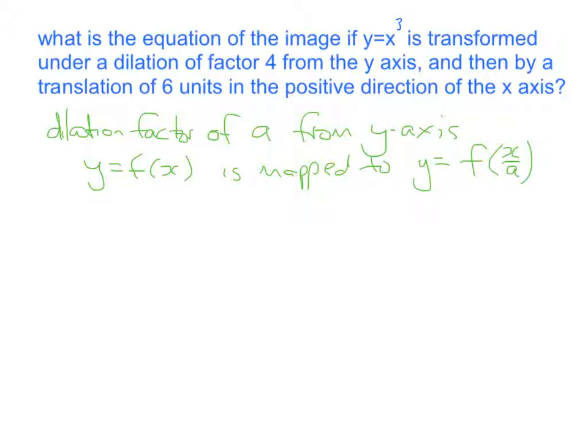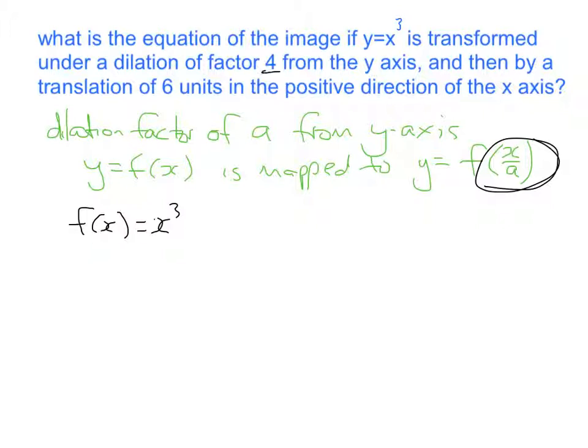So in applying that to this question, we've got y equals x cubed, or f of x equals x cubed. That's where we start, but we have to apply this dilation by going x over a.